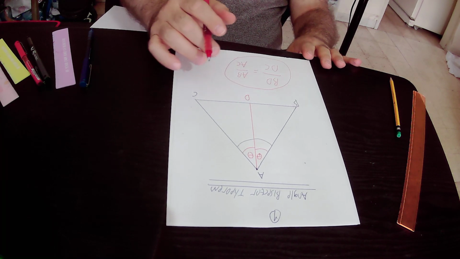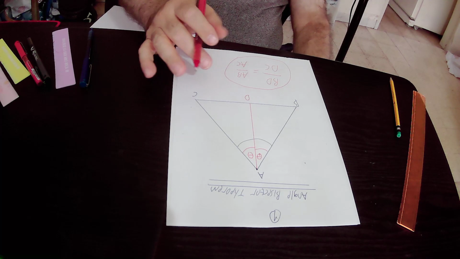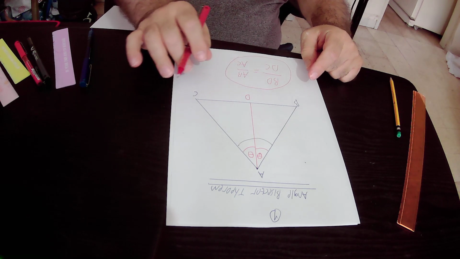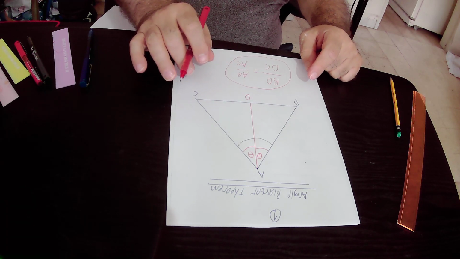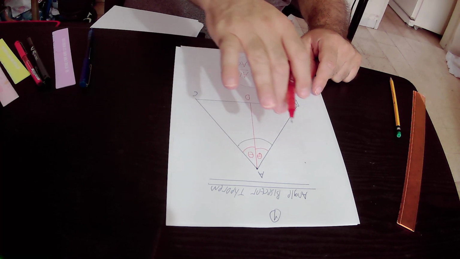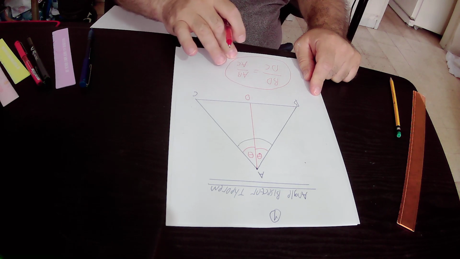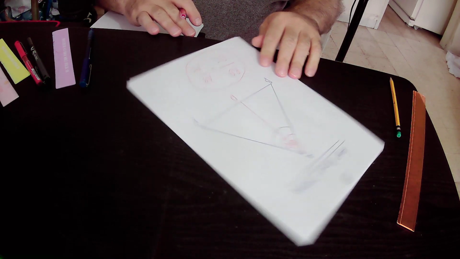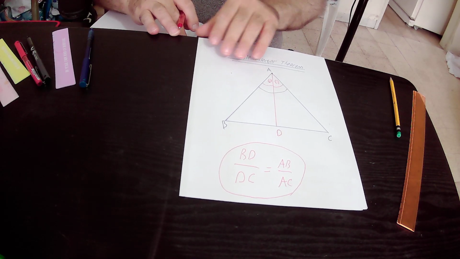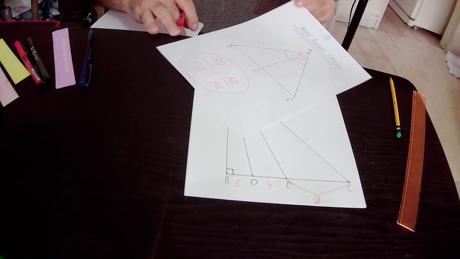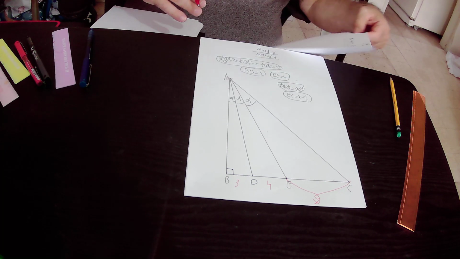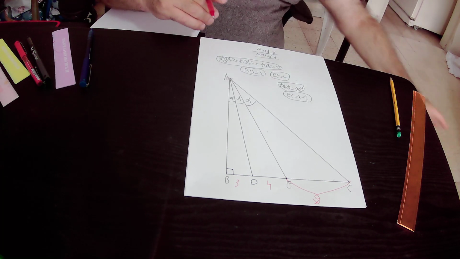So that is the angle bisector theorem that we will use in both methods, in method number 1 and also in method 2.